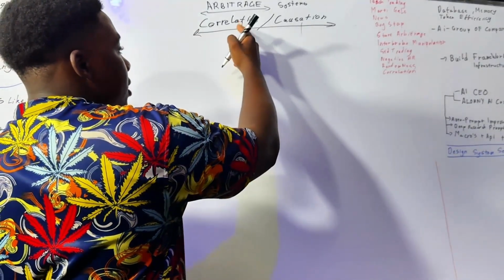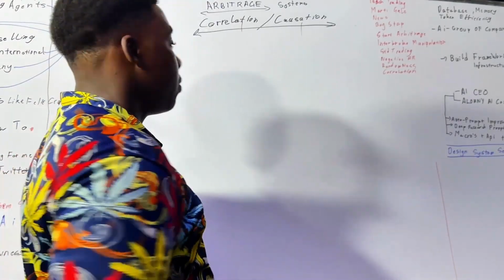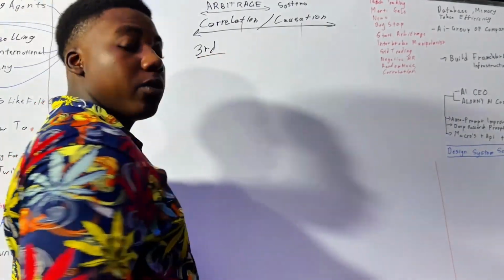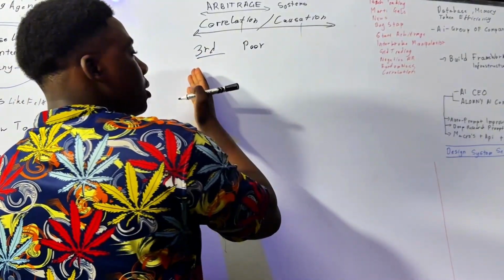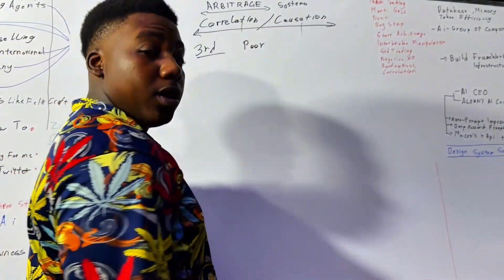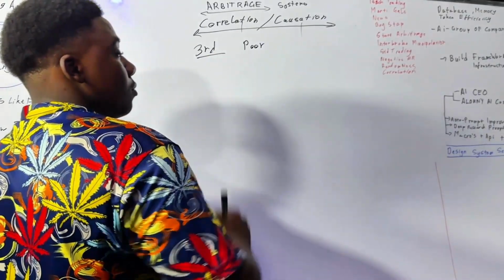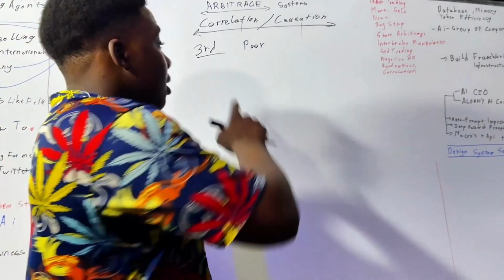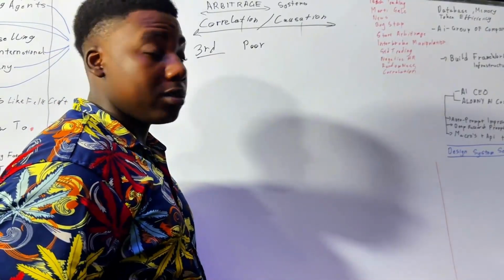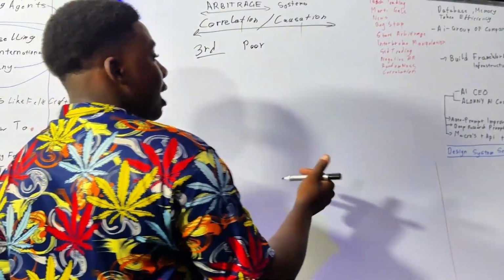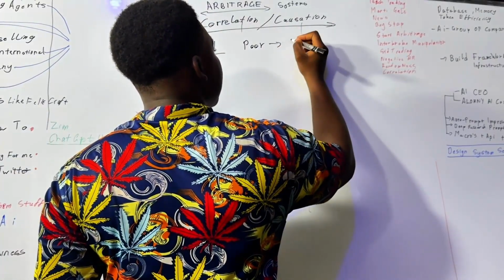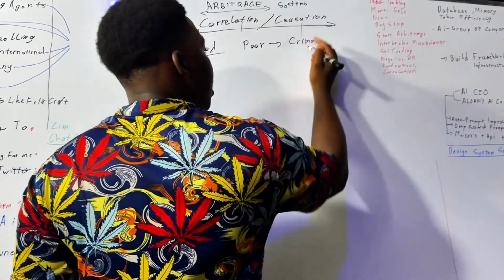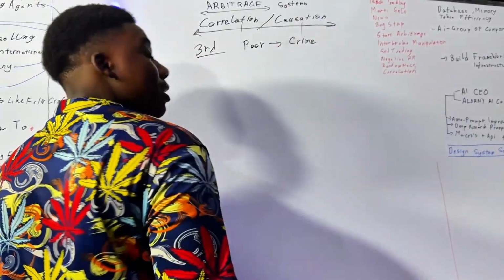Let's say that if you look at a third world country, in a third world country, you tend to have poor people. Low GDP equals poor people. Third world country equals poor people. That's a causation. Now the correlation comes in. Poor people, there's a correlation with crime. A lot of people that are criminals.